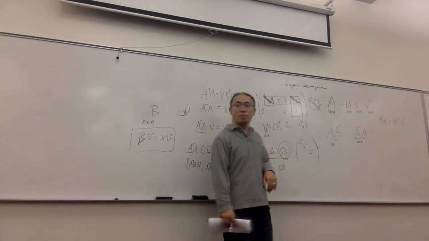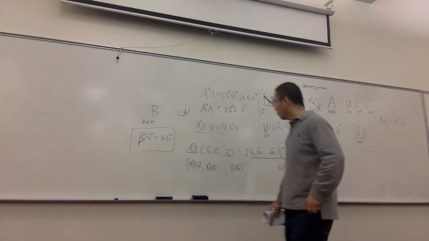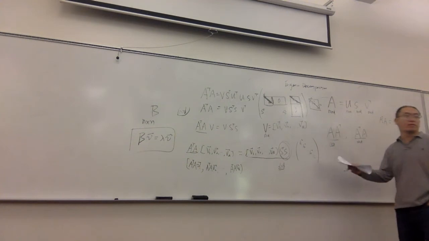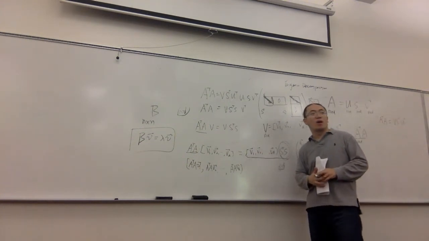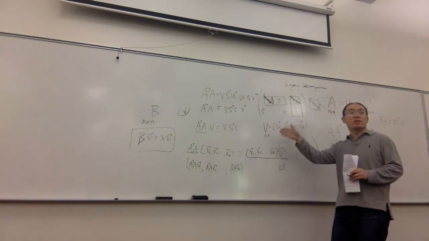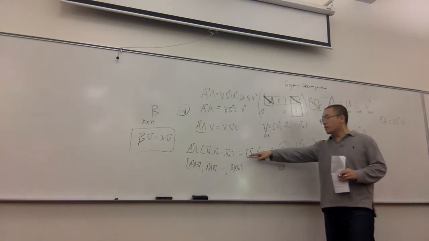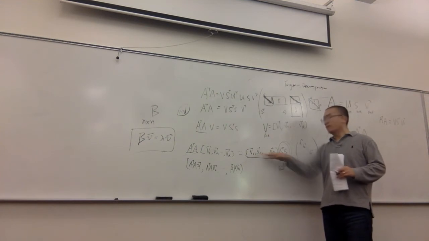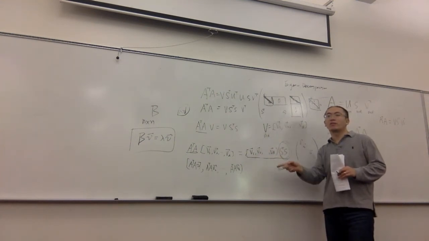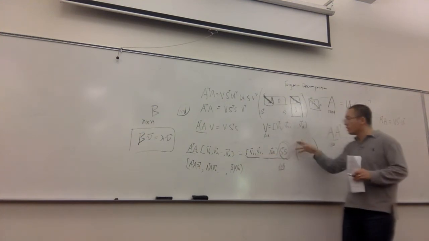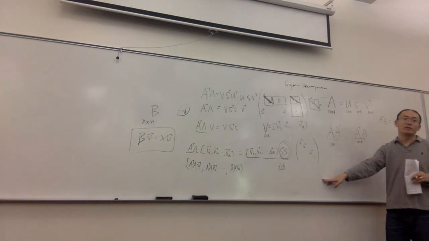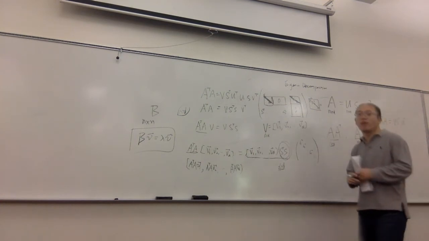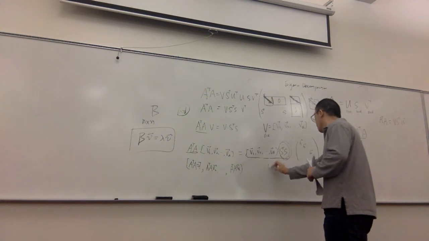Is it V1 times sigma 1, V2 times sigma 2? Yes, exactly. If we use a block partition, here we partition the matrix into columns. You can imagine this is just a row vector, but each element in this vector is another vector. Then you multiply a row vector with a diagonal matrix. What's the result? Another row vector.